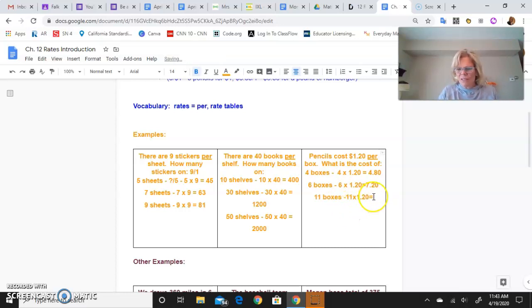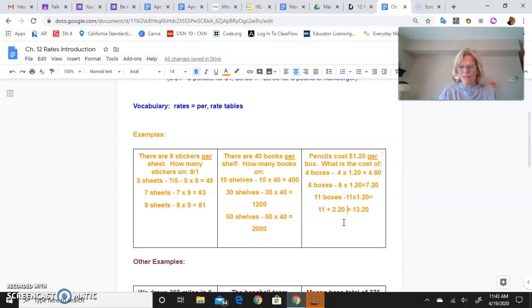Well, I have 11, I'm going to come down here. 11 times 1 would be $11. Now I have 11 times 20 cents. Well, I know that there's 20, 40, 60, 80, 100. There's 5 for $1, and another 5 would be $2, but I'd need one more. So it'd be $2.20, equals $13.20.